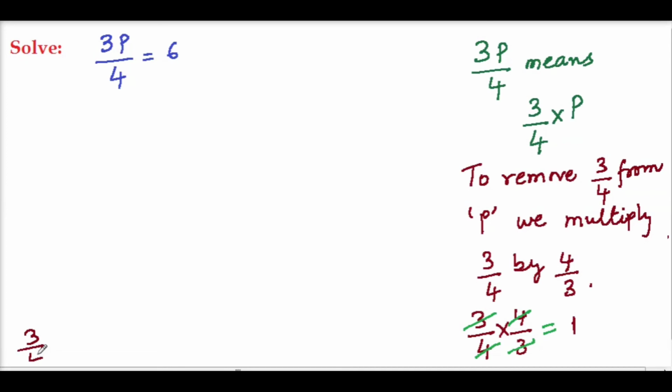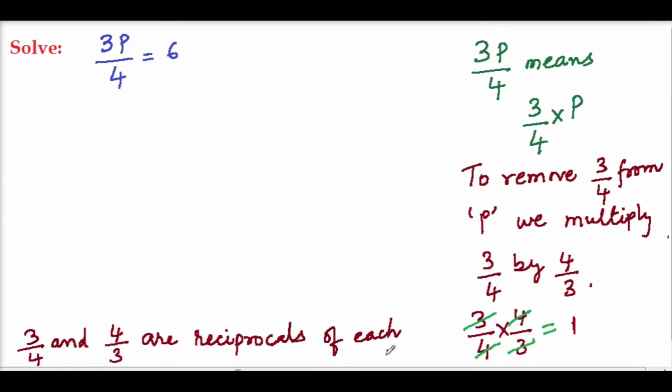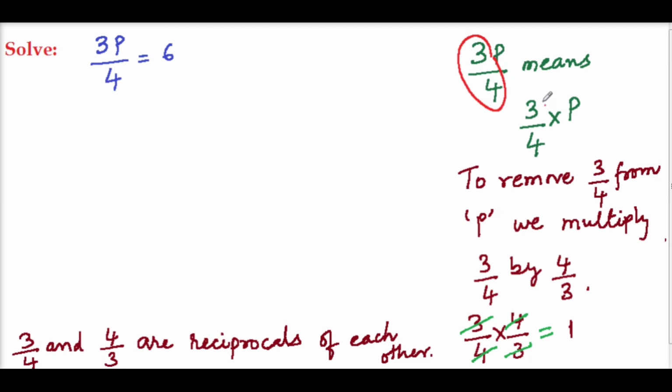We also know that 3 by 4 and 4 by 3 are the reciprocals of each other. So to eliminate 3 by 4 from the left hand side, we multiply by 4 by 3.